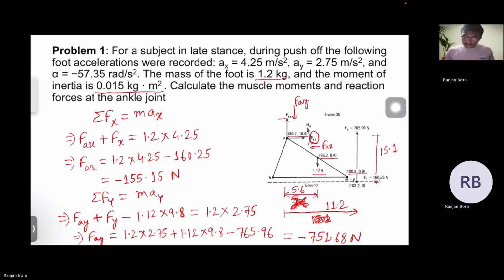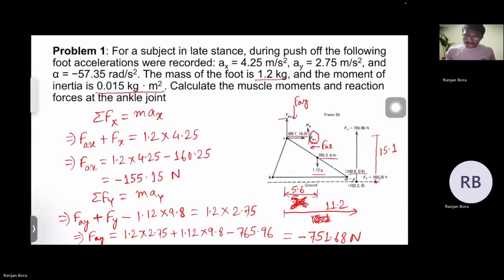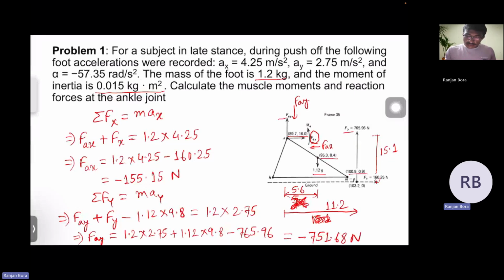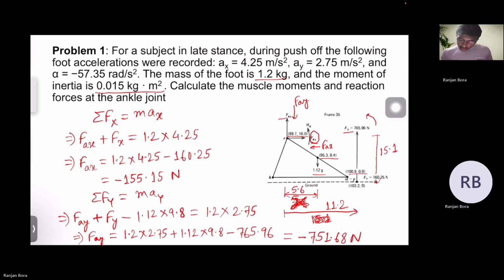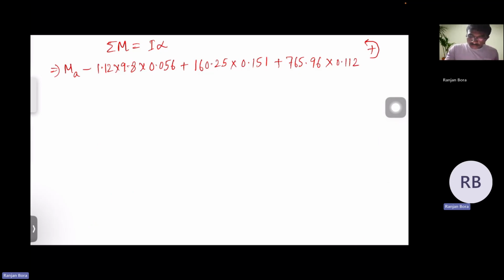And the moment because of this force Fy is also in the anti-clockwise direction, so it will also be plus Fy, which is 765.96, multiplied by the moment arm 11.2, which will be 0.112, equal to I alpha.